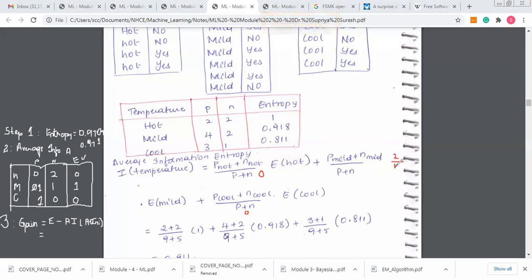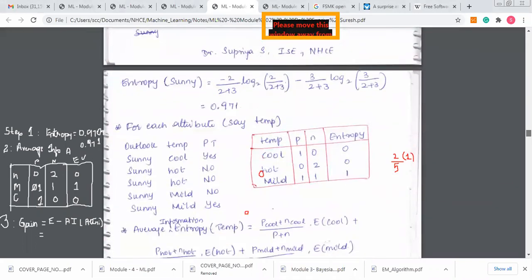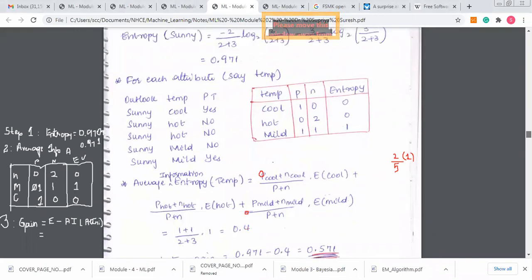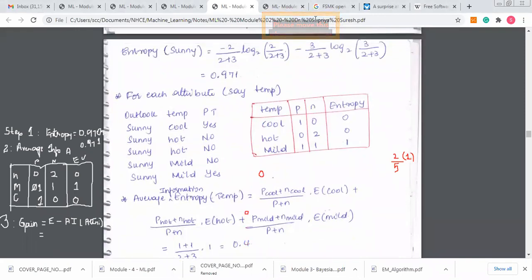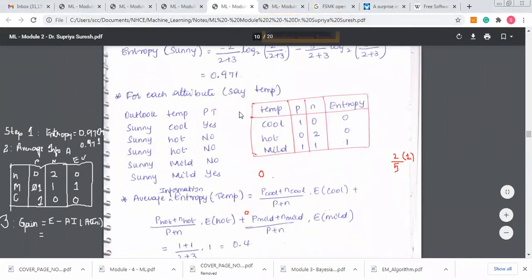Yes, so it's going to be 5, into entropy of mild, which is 1. What is the value of 2 divided by 5 into 1? It's 0.4.